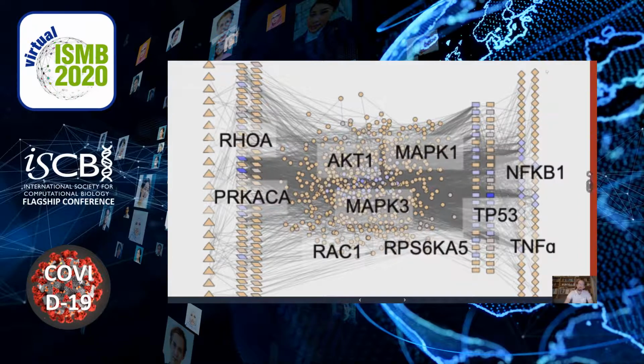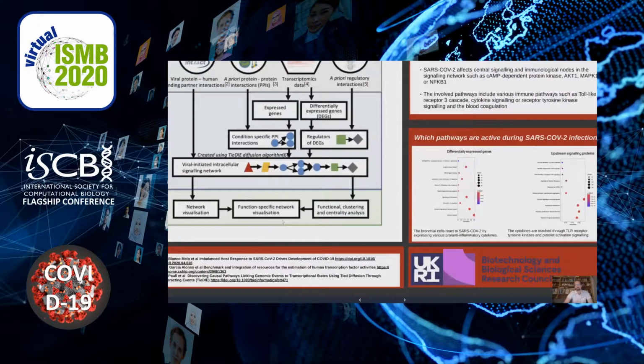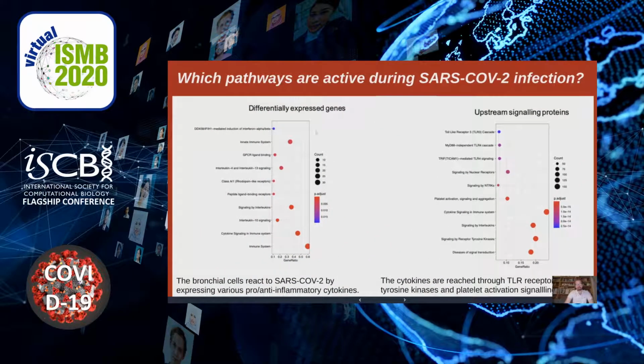Then we also looked at which pathways they are involved in, which gene ontology functions. We looked at both the differentially expressed genes and the network itself as well. In the differentially expressed genes, we can find the interleukin signaling and various other immune-related signaling, such as the immune system.